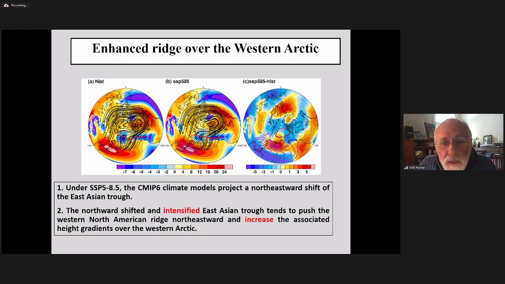So there are positive changes in the 500 hectopascal height and negative changes over the mid-latitude Pacific from the mixed model mean. Northward shifted and intensified East Asian trough pushes the West North American ridge to the northeast and increases the associated height gradients over the Western Arctic.